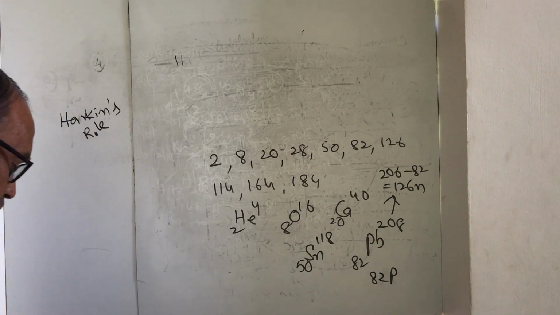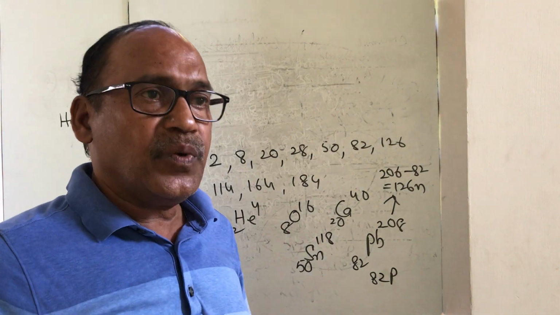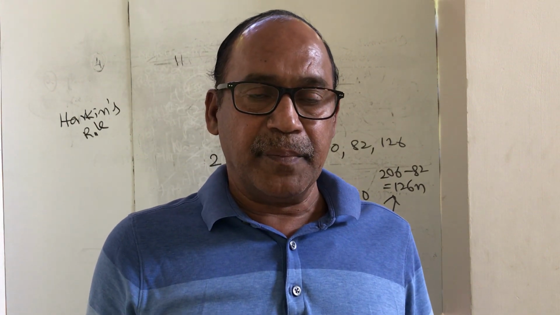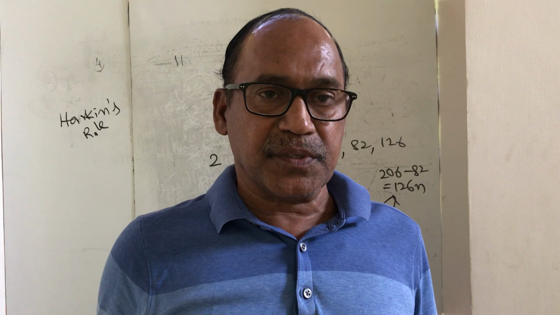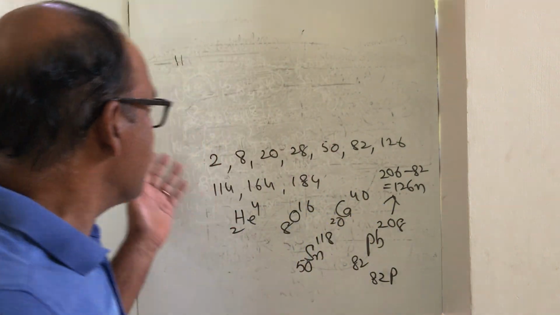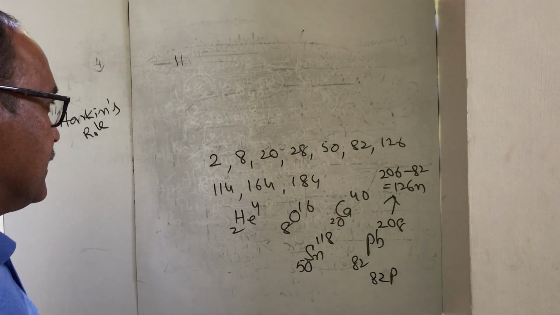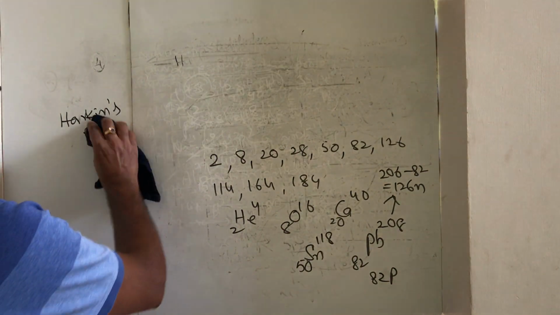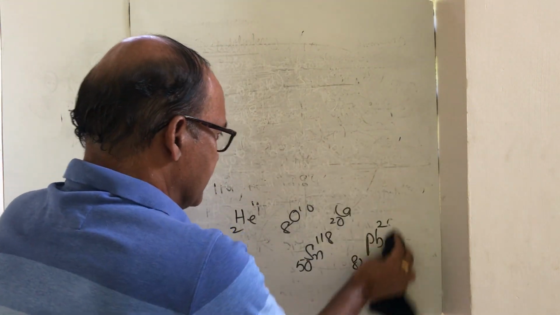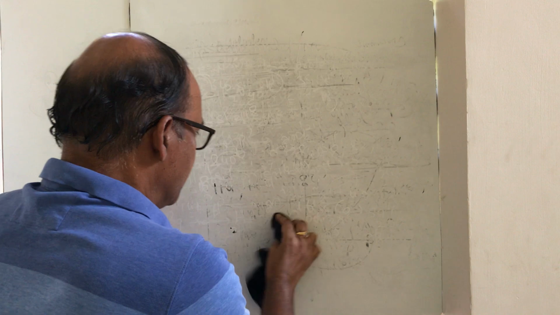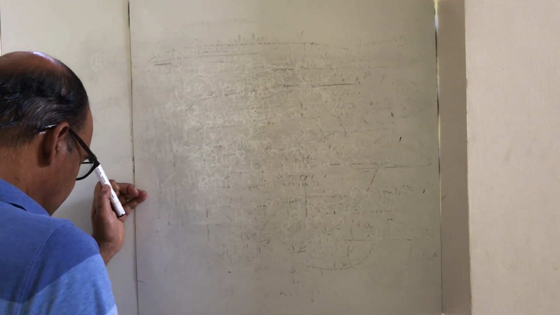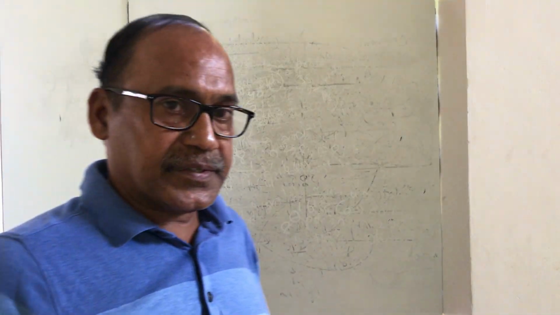According to this rule, the nucleus having an even number of protons or neutrons or both is found to be stable and to have the maximum number of stable isotopes compared to an odd number of protons and neutrons. That generalization is called Harkins' rule. So it is really a mystery to understand the very structure of the nucleus, and these magic numbers indicate the nucleonic shell capacity of the nucleus.